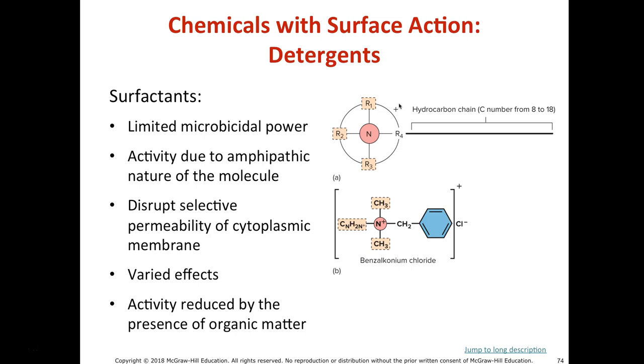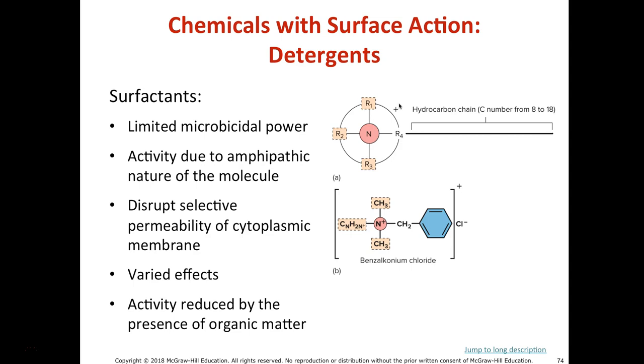The reason that this is such a good chemical agent is because it has this positive charge to it. Now, we've discussed that bacterial proteins on its surface have negative charge to them. So it is drawn to that negatively charged bacteria.